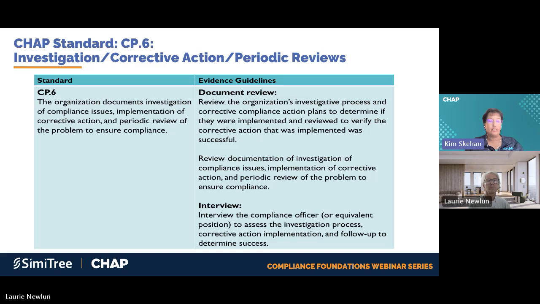And in that documentation, we often will also see the summary of the compliance investigations and restitution or corrective action. The only other component I wanted to say here also addresses periodic review.